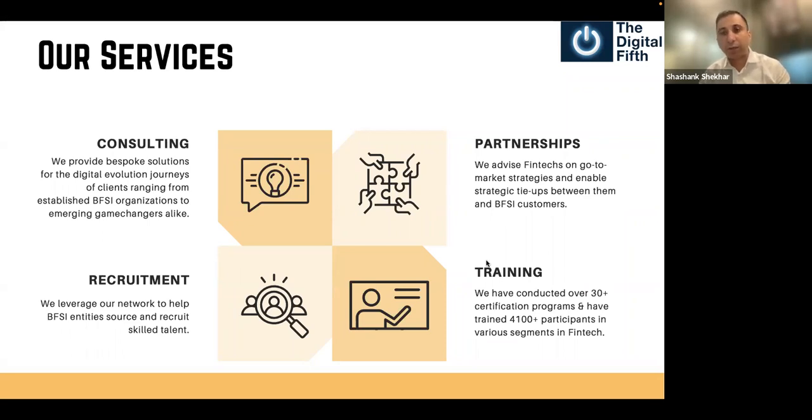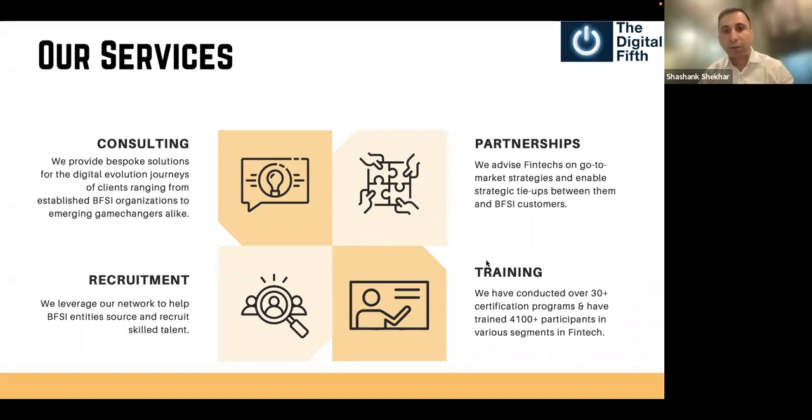We also do partnerships, where many fintechs and startups may be looking to connect with lenders or financial partners, and we help them connect with the market.